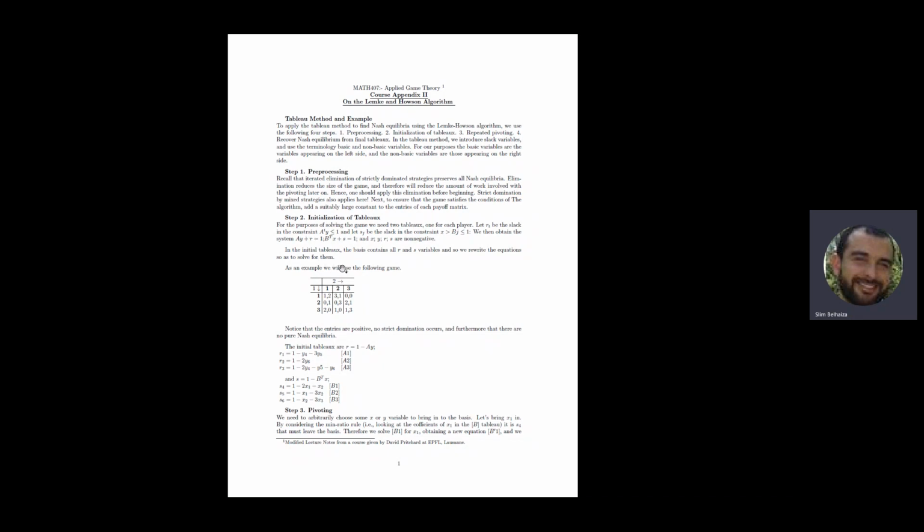Explicitly, on the following Bimatrix game, which is 3 by 3, I write here the two initial systems. The first one is R equals 1 minus AY, and you can follow up here. And here, S is equal to 1 minus BTX. So these are the two initial systems.